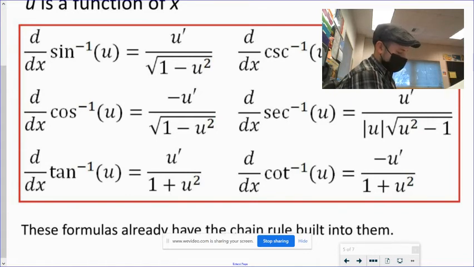They show the derivation of the tangent. Oh, they do sine as well. And then the other ones they get from sine and from tangent, which is okay. All right, a lot to write down.